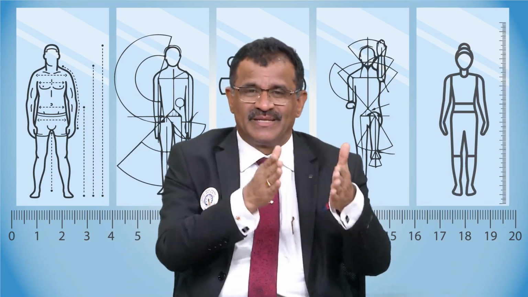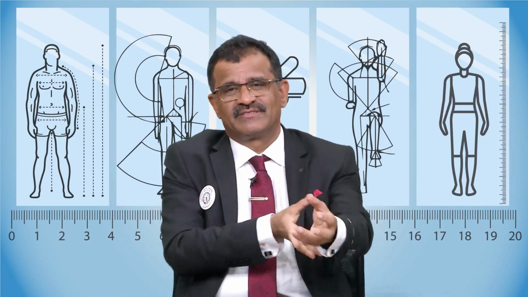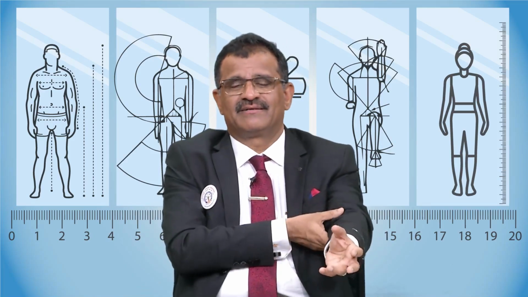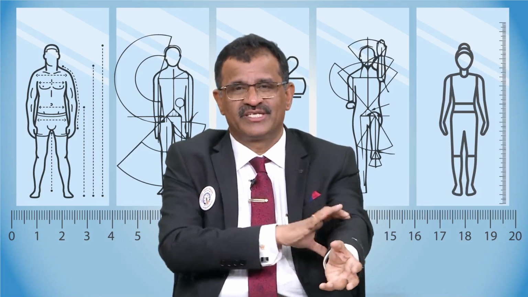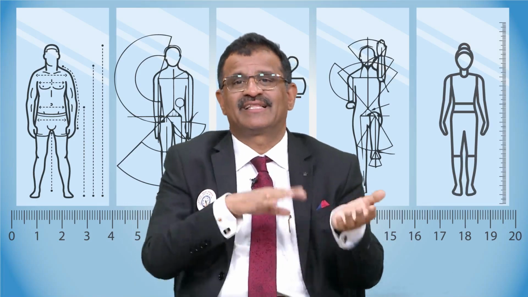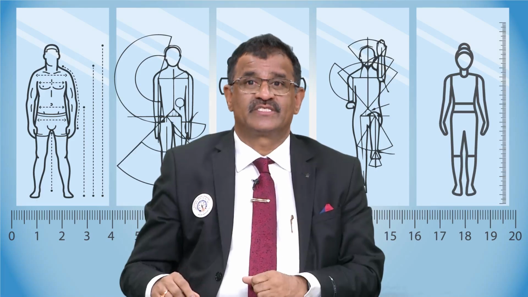In place of the tape, bangles are used to insert in the arm and measure where it goes up to. That is another style, but this is a recent advancement and people use it, and from amongst the MUAC tapes, Shakir's tape is commonly used.